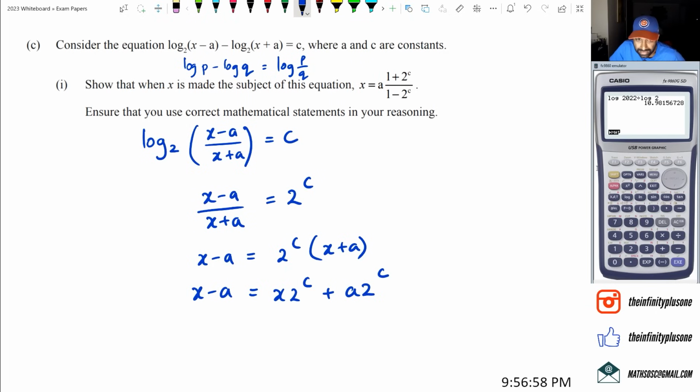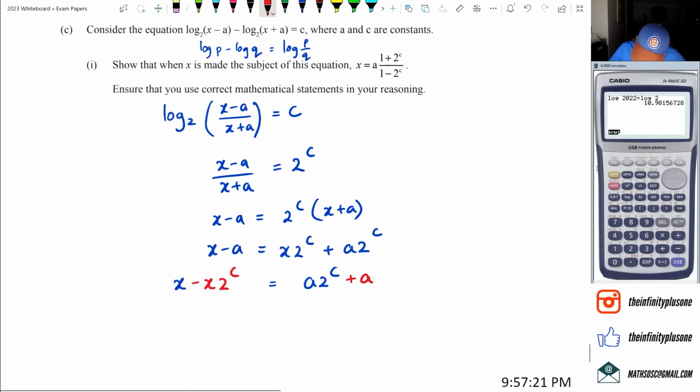All right, so the next step I'm going to be doing is bringing x times 2 to the power of c to the left hand side, which means it'll become x minus x times 2 to the power of c. I'm going to get rid of the a to the other side, which becomes plus a. Plus a times 2 to the power of c, yeah, that's all looking good.